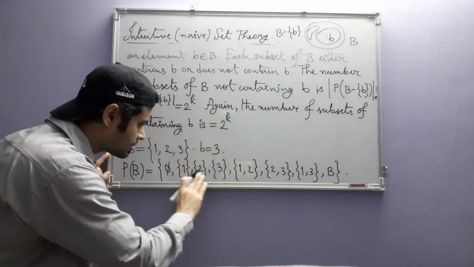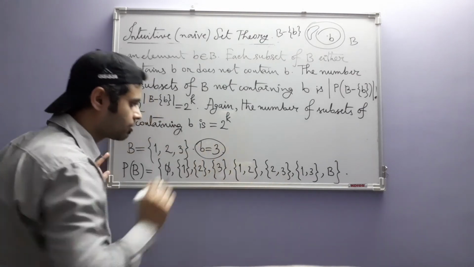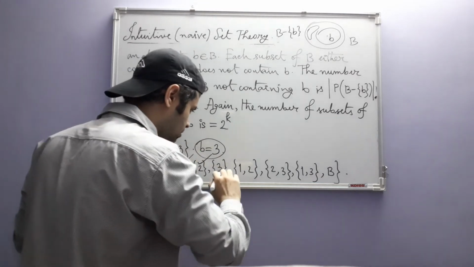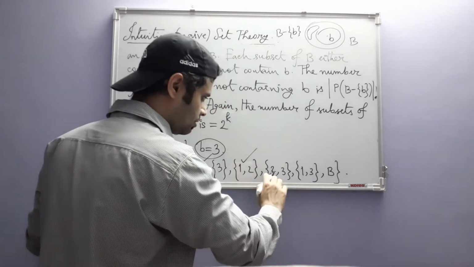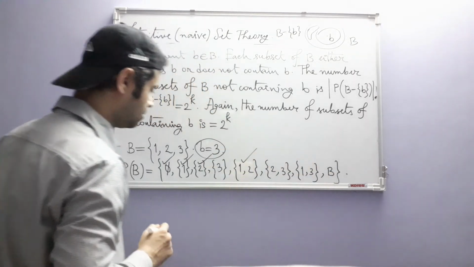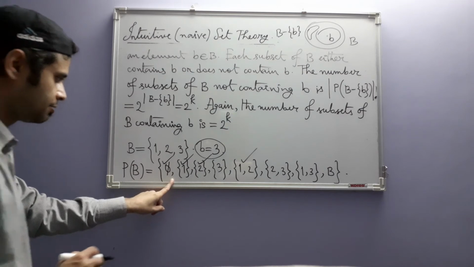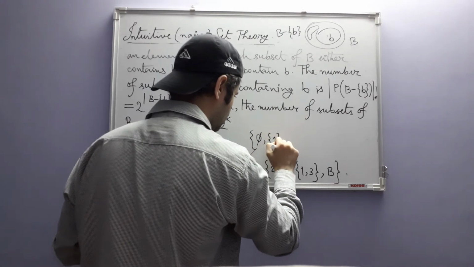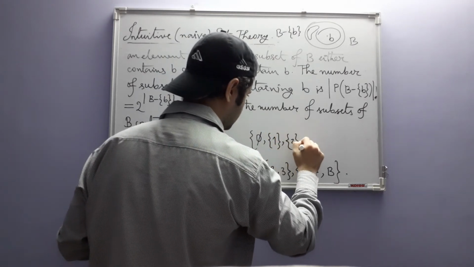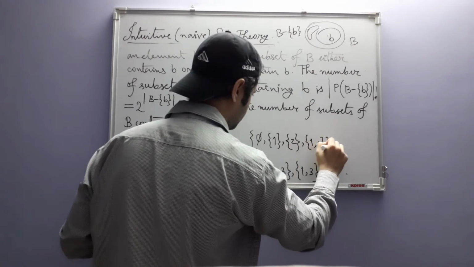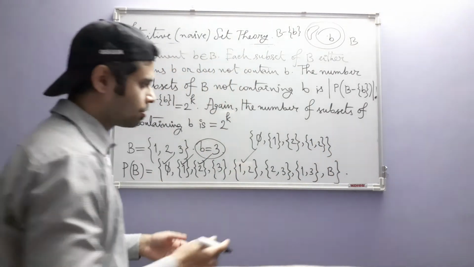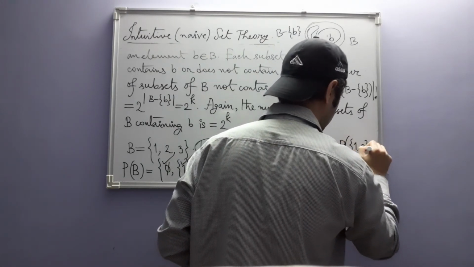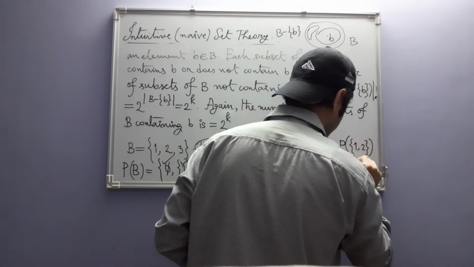Now, how many of the sets here do not contain 3? The empty set, this one. This contains 3, this one; these 3 sets contain 3. So you can see that these sets which do not contain 3 constitute the power set of 1, 2, which is nothing but the power set of B minus b.